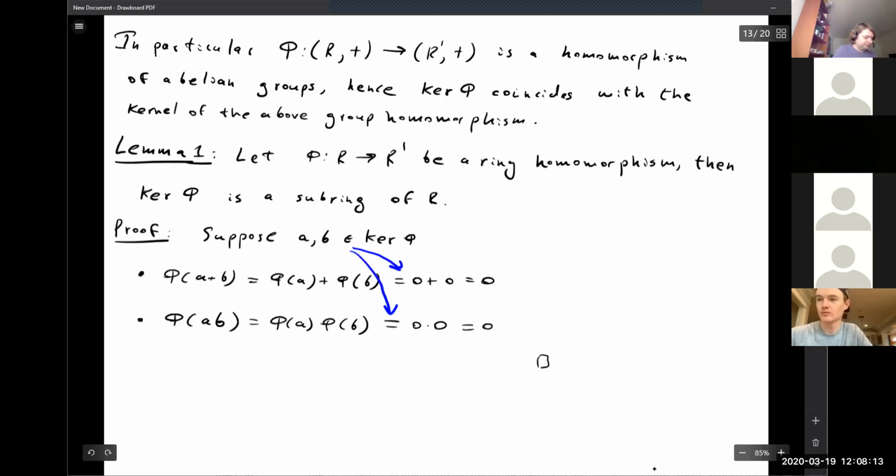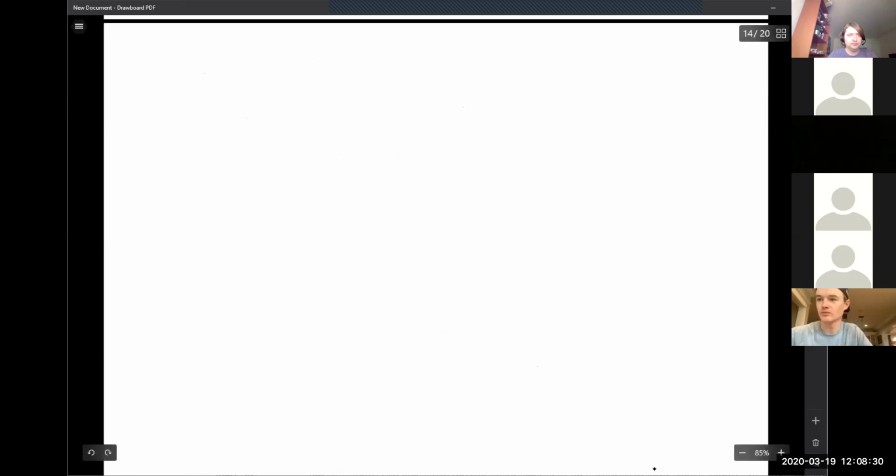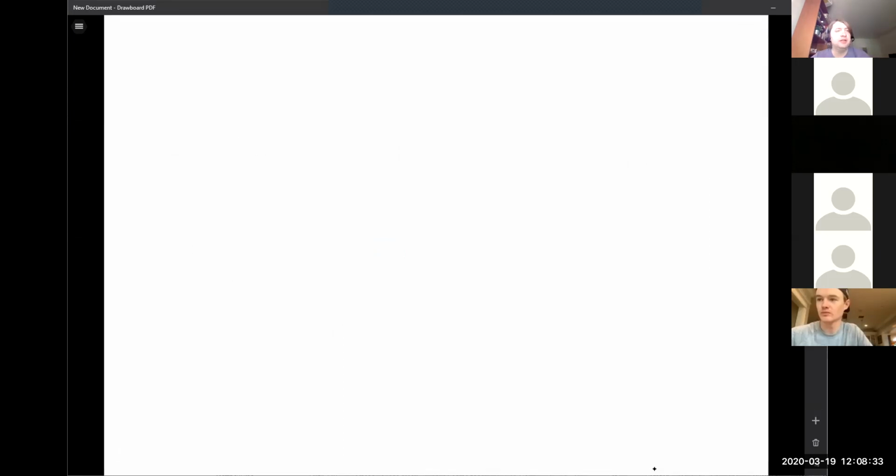Okay. Now you might see that this is kind of straightforward. With the kernel of a ring homomorphism, one can immediately associate the following neat example. I believe that'll be example 7.